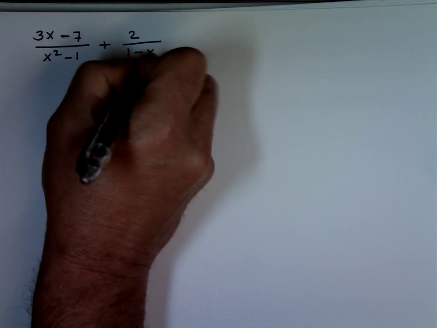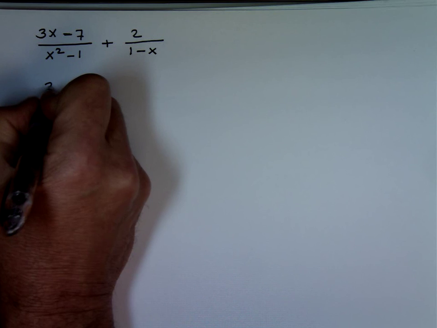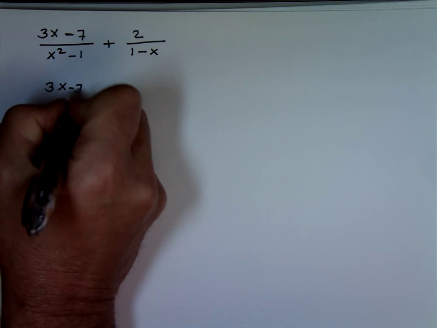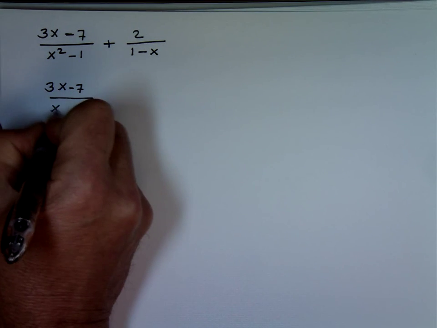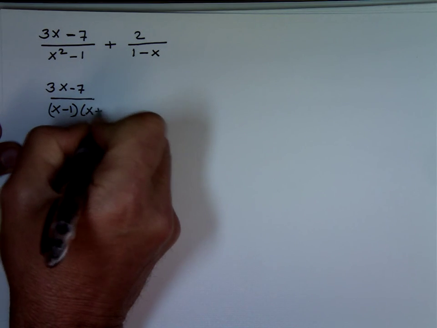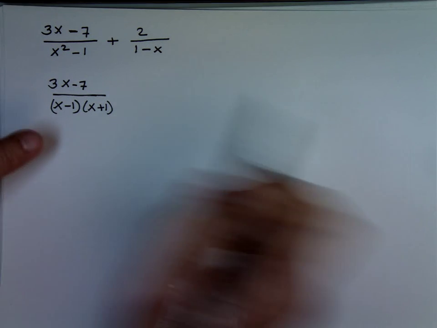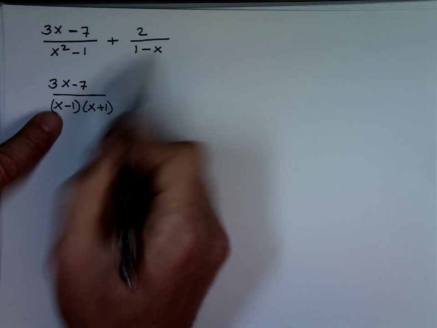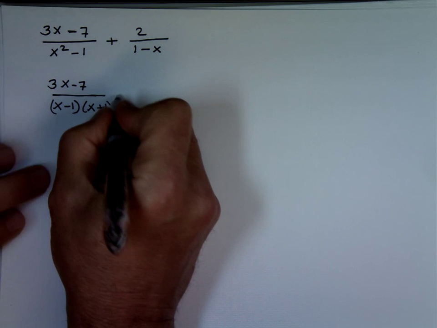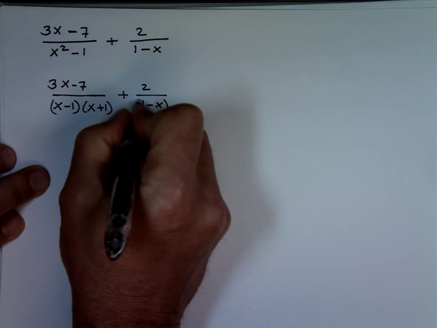So if I factor that, 3x minus 7 over what? This is x minus 1, x plus 1. Well, before I continue, notice this is 1 minus x, but this is x minus 1. So this is not the same as this. It's backward. So I can use that little trick there.